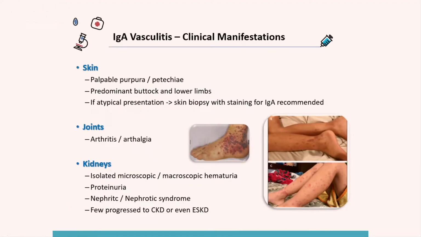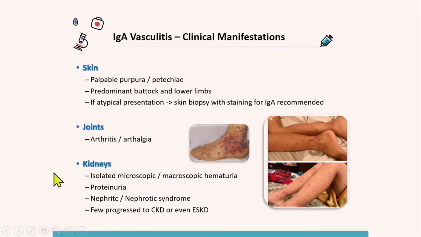As pediatricians, we know it's very common that children come in with palpable purpura or petechiae over extensive surfaces of the lower limbs. But we are seeing more and more atypical skin manifestations, including pretty bad ulcerative skin lesions, for which we very often have to consult our dermatologist for biopsies if in doubt.